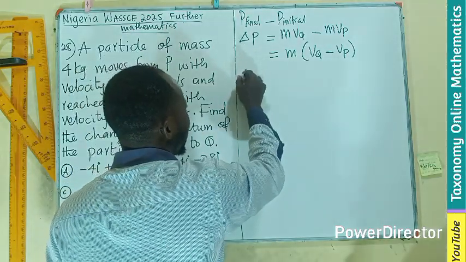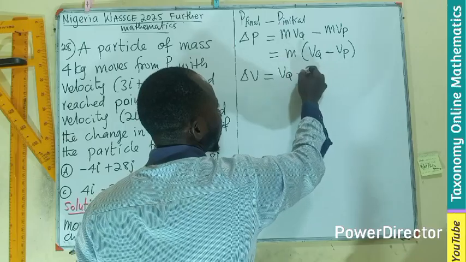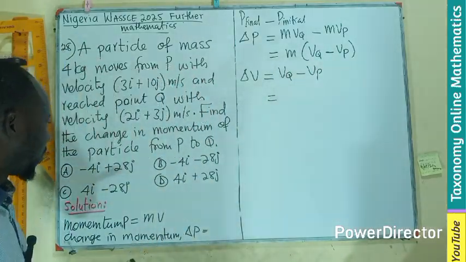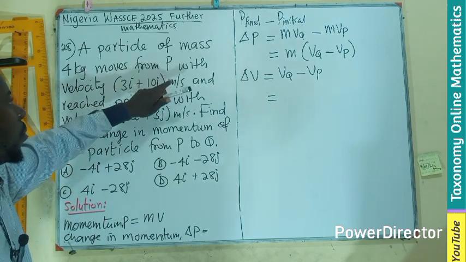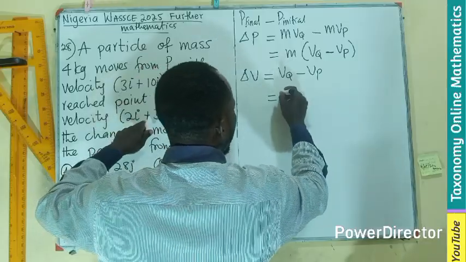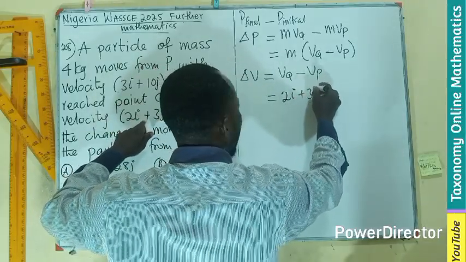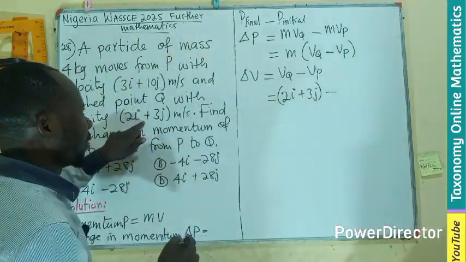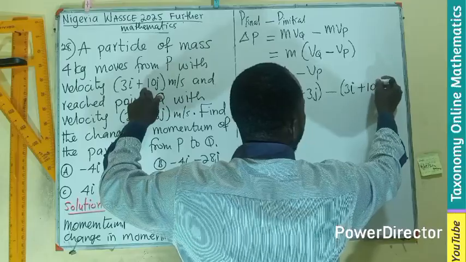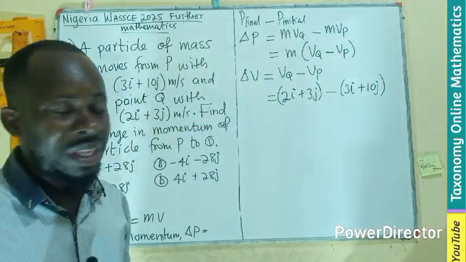So if I use this to find the change in the velocity, what are the velocities of the 2 points or positions? From P we have this, Q is having this. So we begin from Q: 2i plus 3j, is it 3? Yeah. Then minus, we go to 3i plus 10j, all still having the same unit of meter per second.